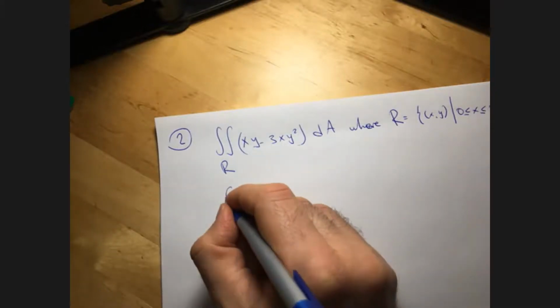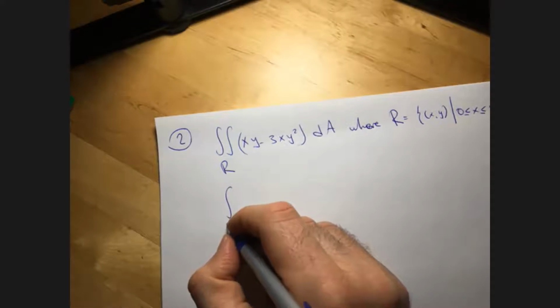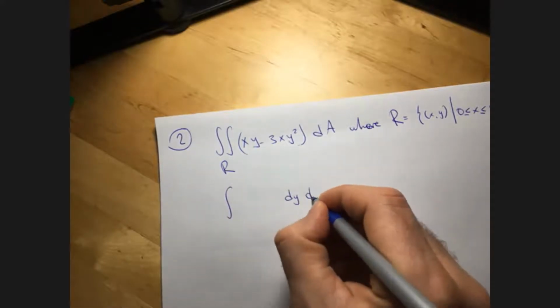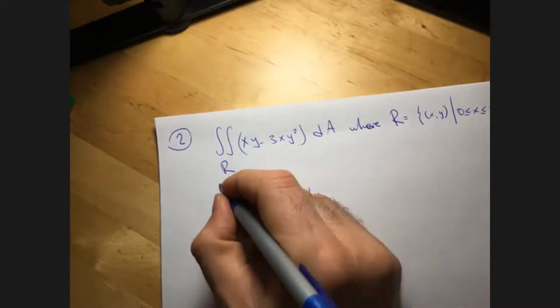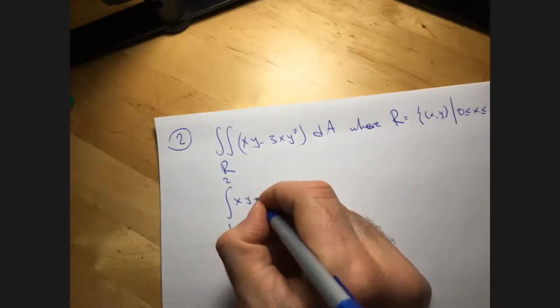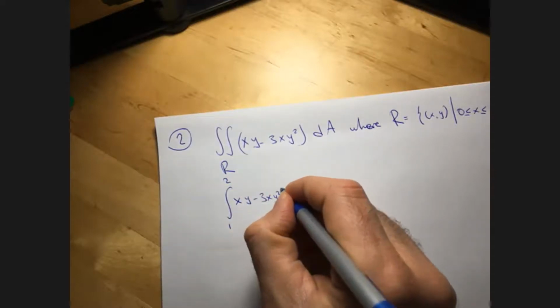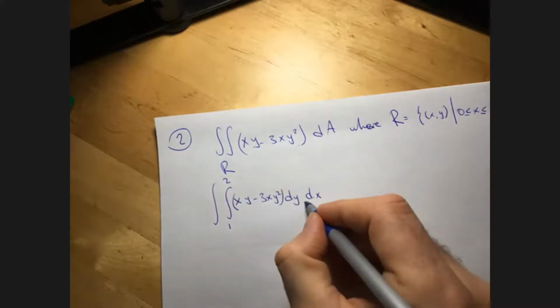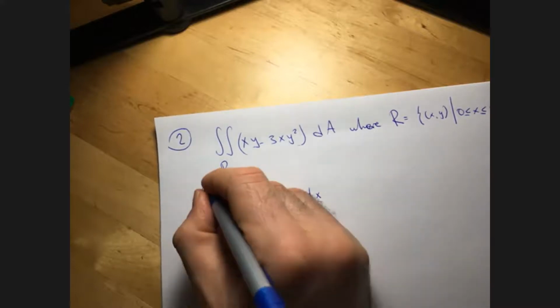So here I'm just going to evaluate first with respect to y, dy, then dx. Y runs from 1 to 2, xy minus 3xy squared, x runs from 0 to 2.